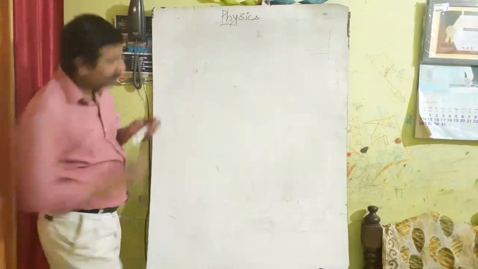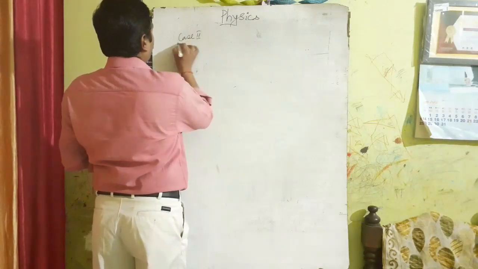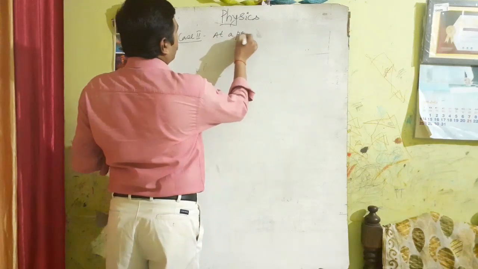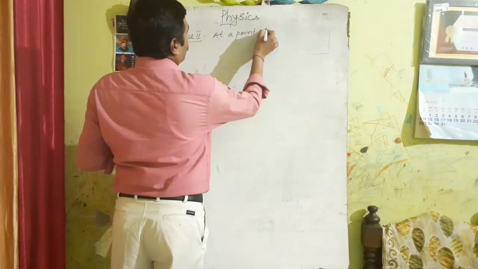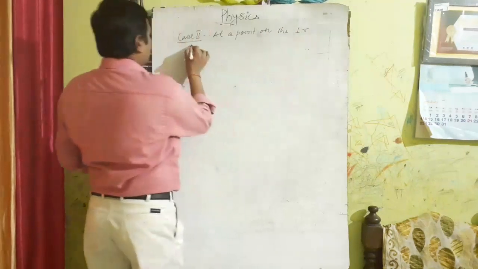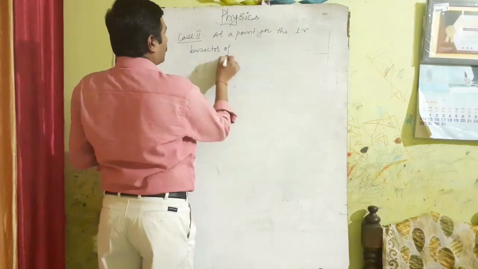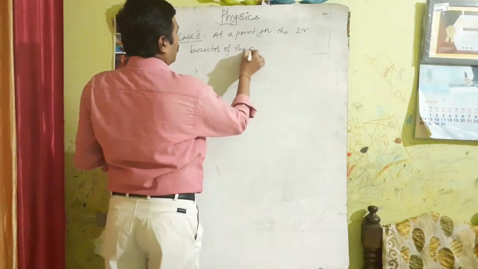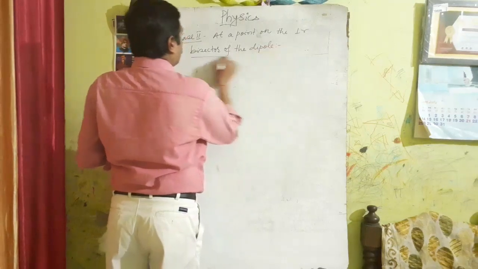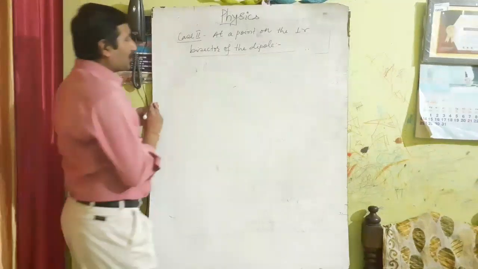Case 2: at a point on the perpendicular bisector of the dipole. Point on the perpendicular bisector of the dipole.